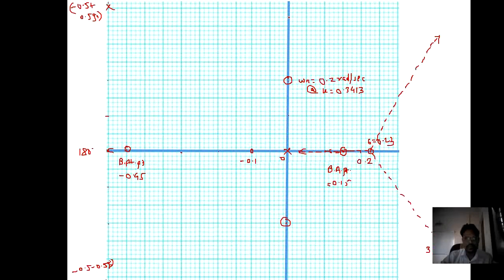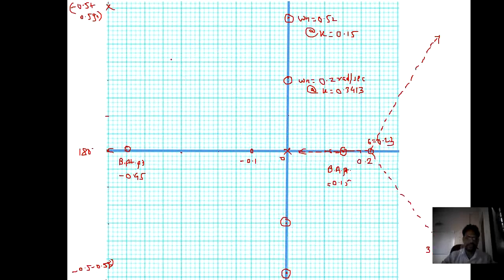For understanding purposes I am writing here, but you should draw it at accurate spacing.